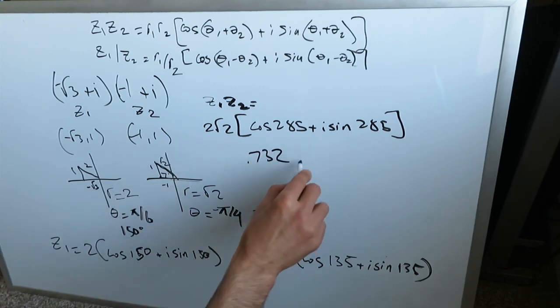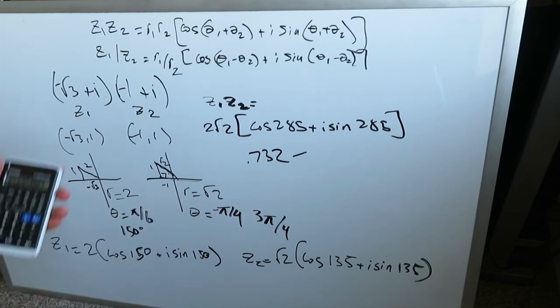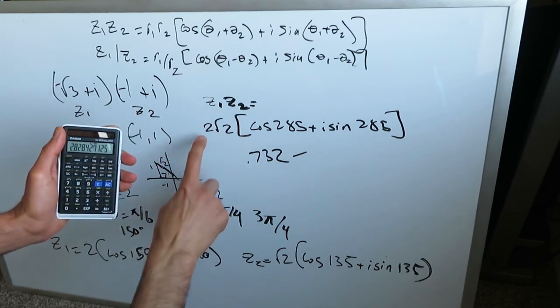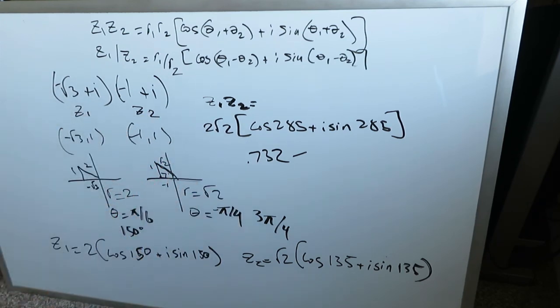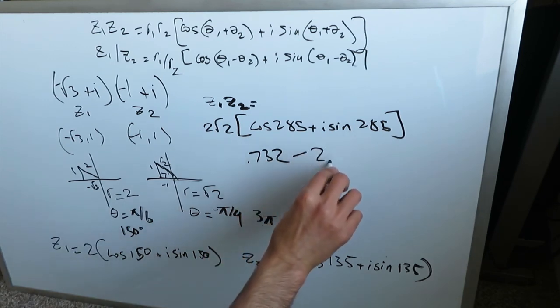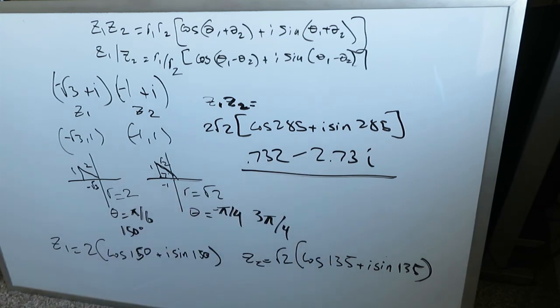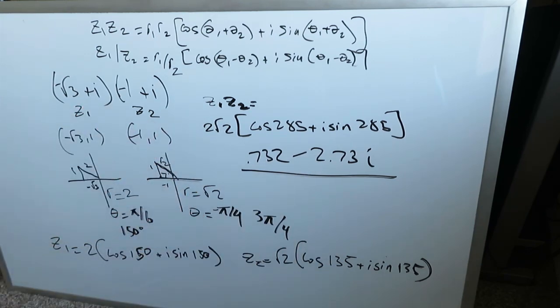I'm going to get a minus over here because sine is always minus in the fourth quadrant. 285 sine multiplied by my memory recall value here, 2 root 2, is a minus 2.73. Minus 2.73 I. Here's my final answer for the product of these two complex numbers.